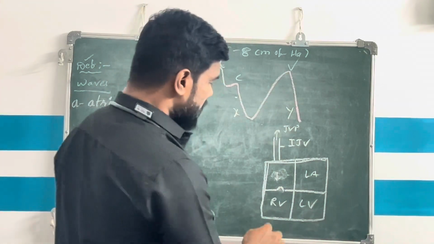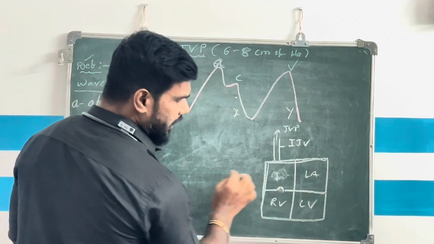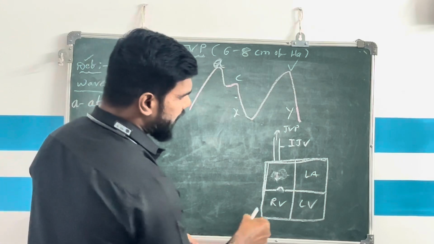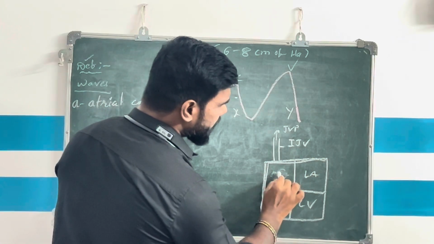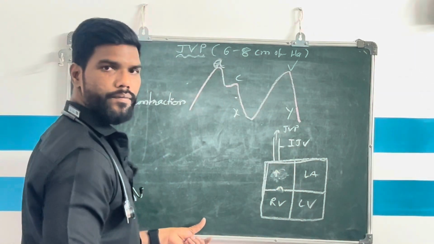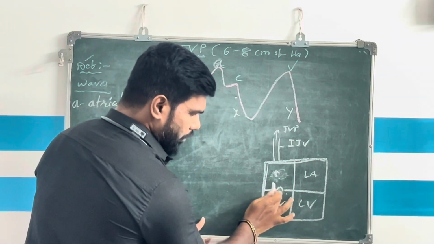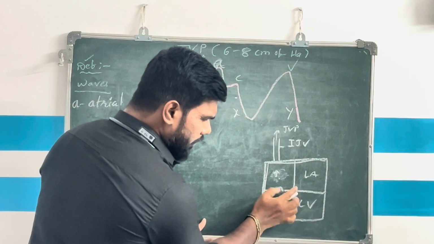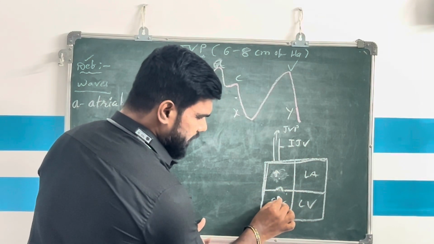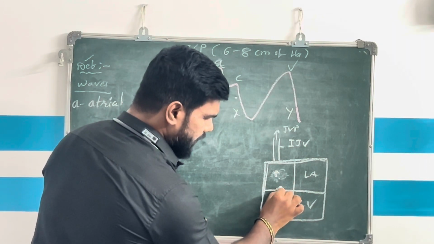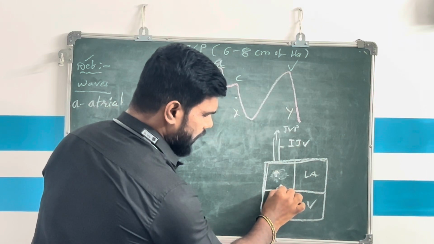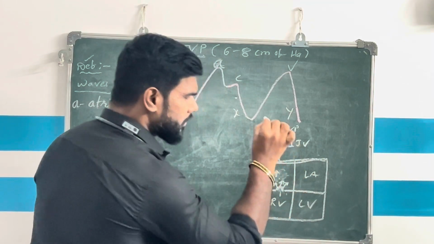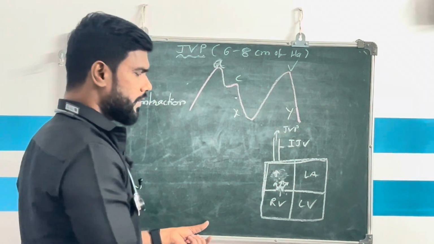The closing of the tricuspid valve produces a little bit of rise of pressure in the right atria. After the sudden closing of the tricuspid valve, the pressure in the right ventricle increases, then the bulging of this tricuspid valve increases the pressure in the right atria a little bit.